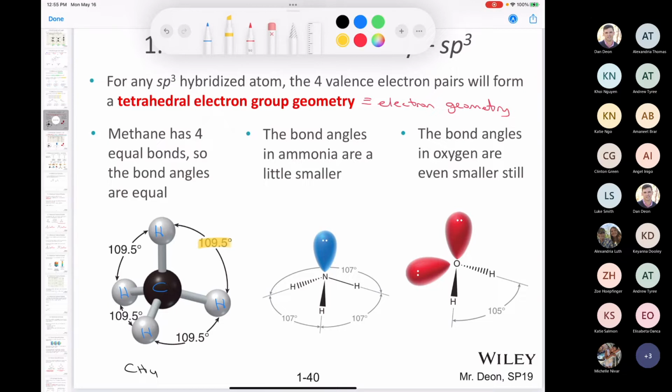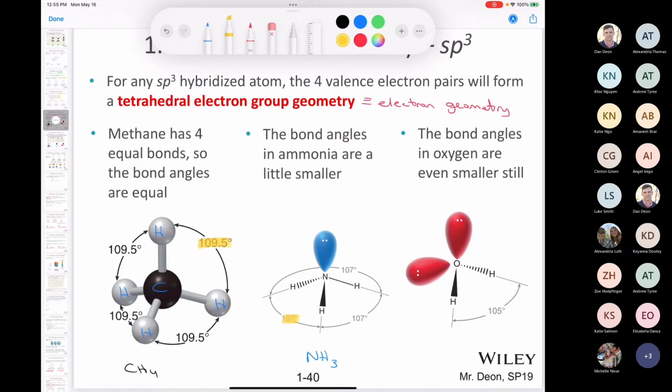Whereas if we go to ammonia, NH3, what happens is that the lone pair, since those electrons aren't shared, tends to push the nitrogen-hydrogen bonds down slightly and closes up those bond angles a little bit so that they adopt a bond angle of about 107 degrees.